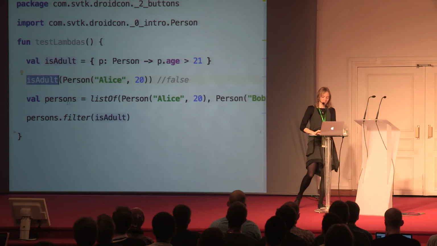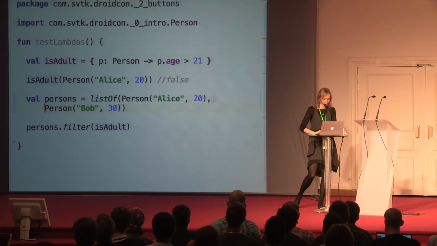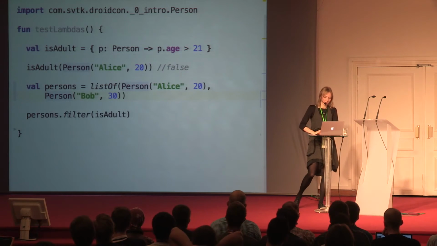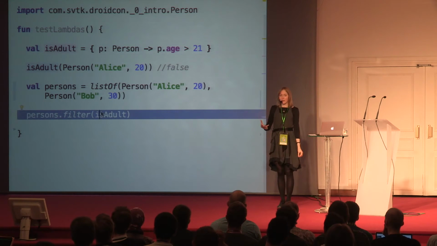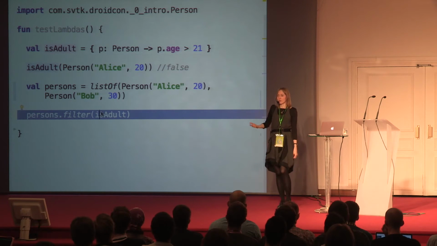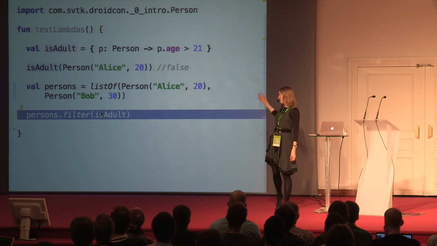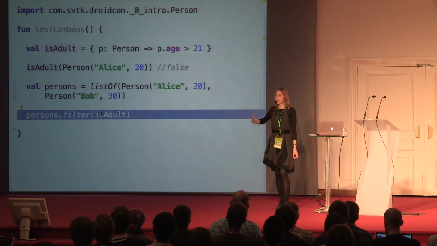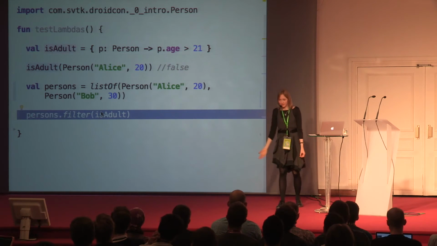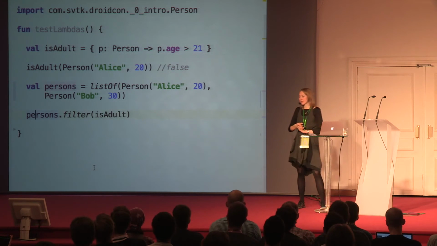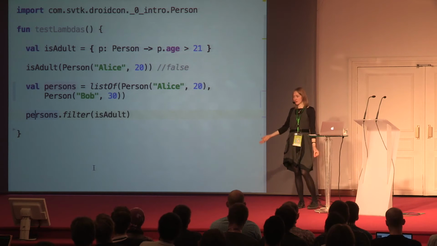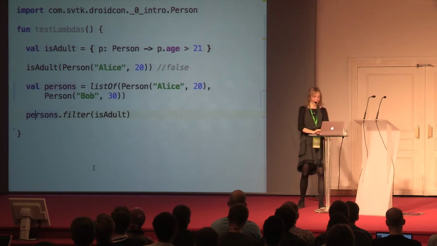Here I have a list of people, or I can pass it to another function. If you know these convenient methods to work with collections, like filter, map, etc., you can do it in Kotlin. For example, this people filter isAdult just returns a list of only one person.